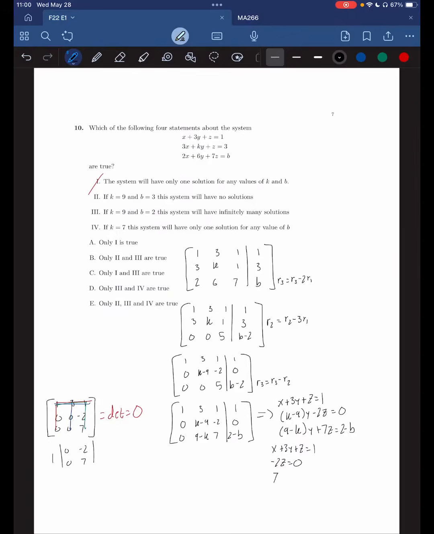And 7z is equal to 2 minus b. 2 minus 3 is -1. Well, here z is 0, but here z is not equal to 0, right? So therefore, we're obviously contradicting ourselves, and 2 is also false. When k is 9 and b is 3.